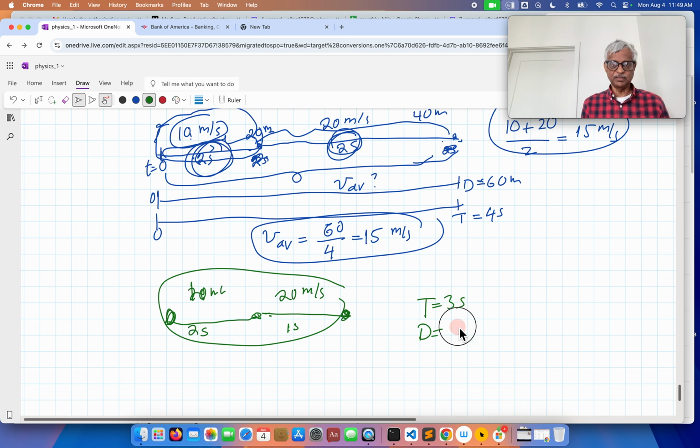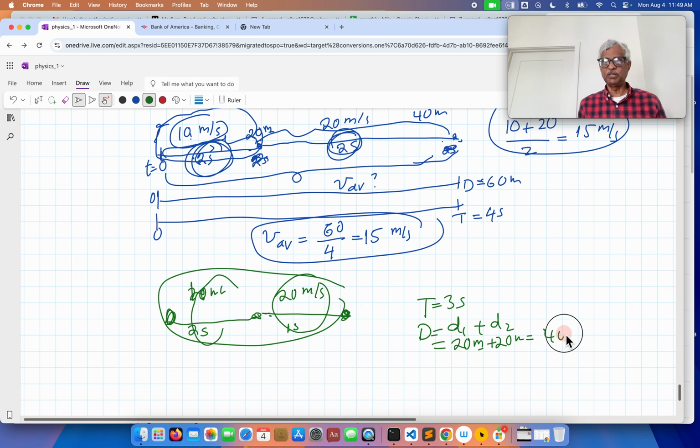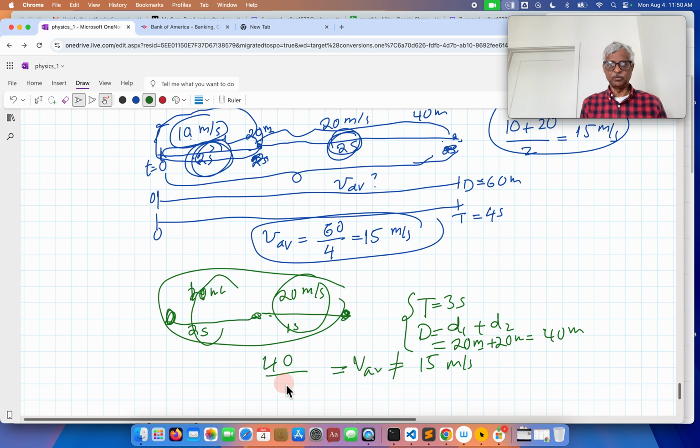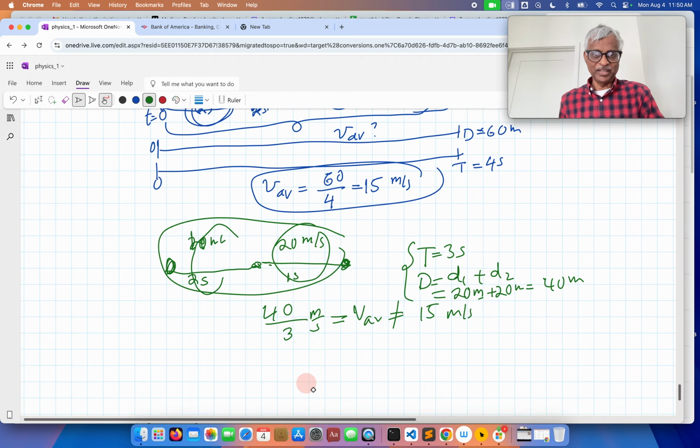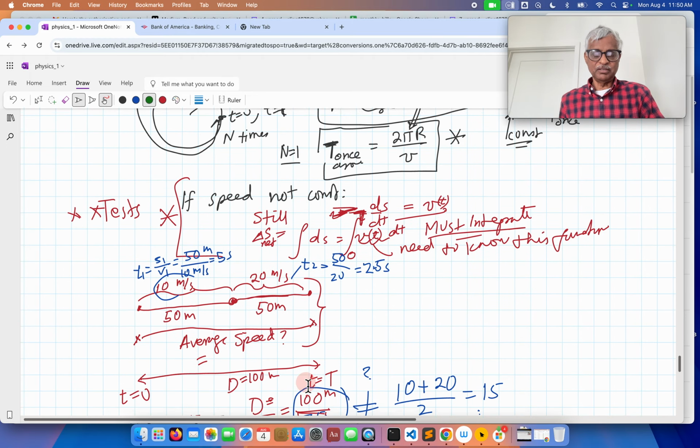Total distance here is d1 plus d2. d1 is still 20 meters for this guy, and this was also 20 meters, so 40 meters. So now average speed is not 15 meters per second. Instead, it is 40 over 3 meters per second. Cool, right? Okay, so that's the average constant speed.